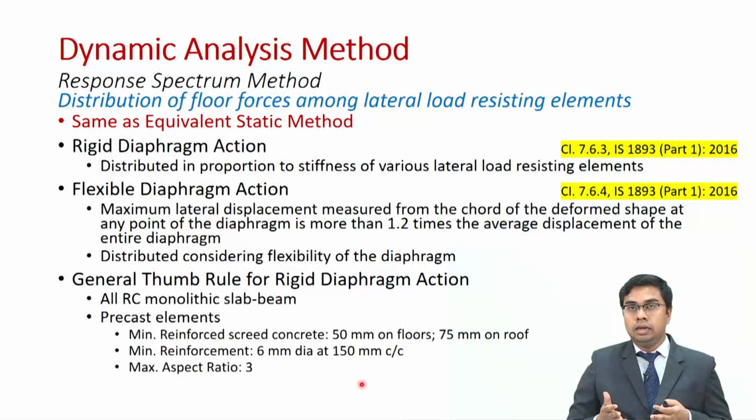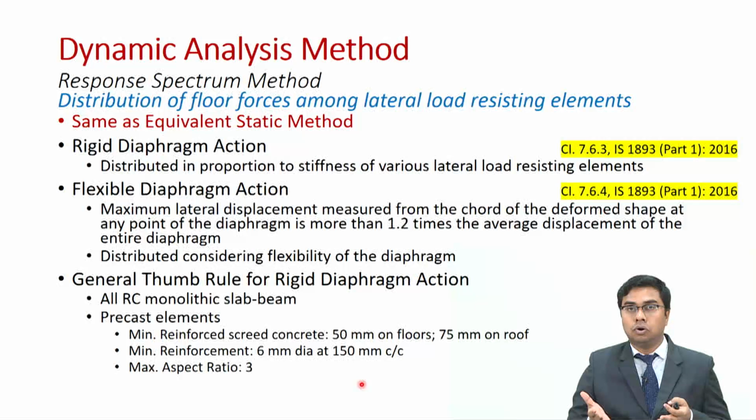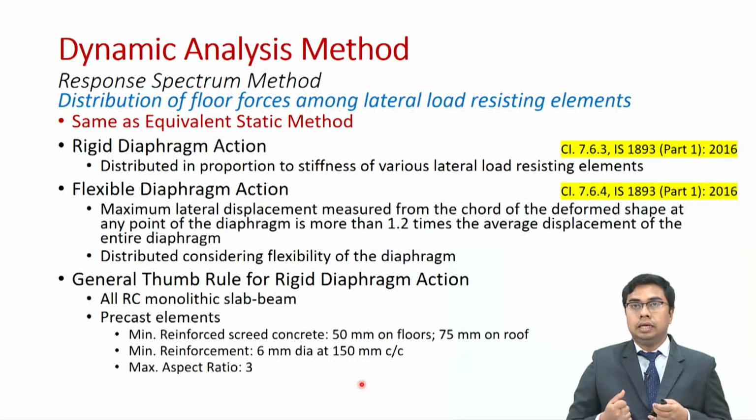Once we have an understanding of lateral floor force considering all the modes, or the story shear considering all the different modes, then we can consider distributing the floor force among various lateral load resisting elements such as columns and shear walls. This process will be exactly the same as equivalent static method, where if your slab provides a rigid diaphragm action, then in that case the distribution will be in proportion to the stiffness of various lateral load resisting elements.